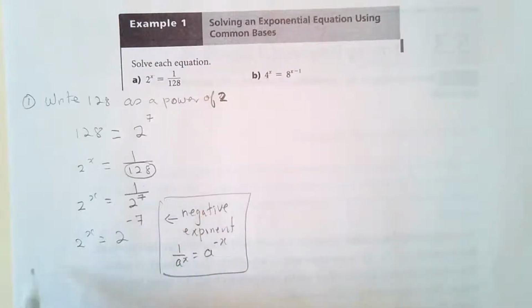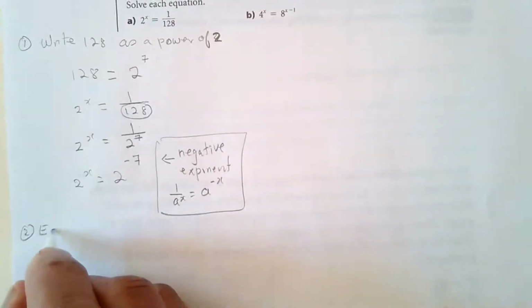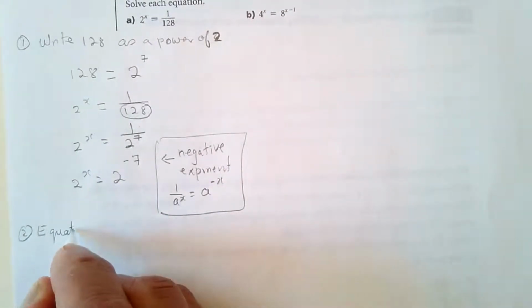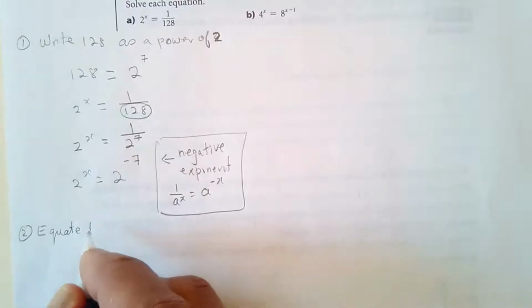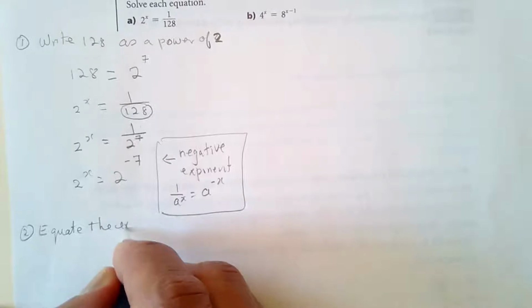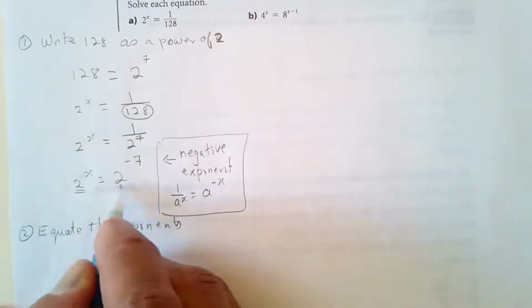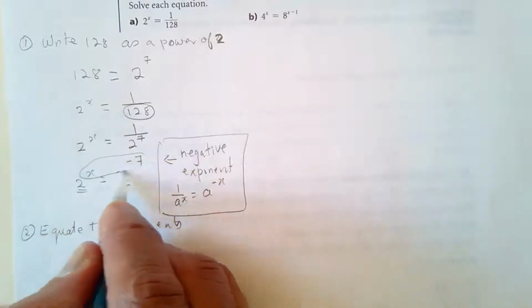The next step is to equate the exponents. Because the bases are the same, therefore the exponents are equal.